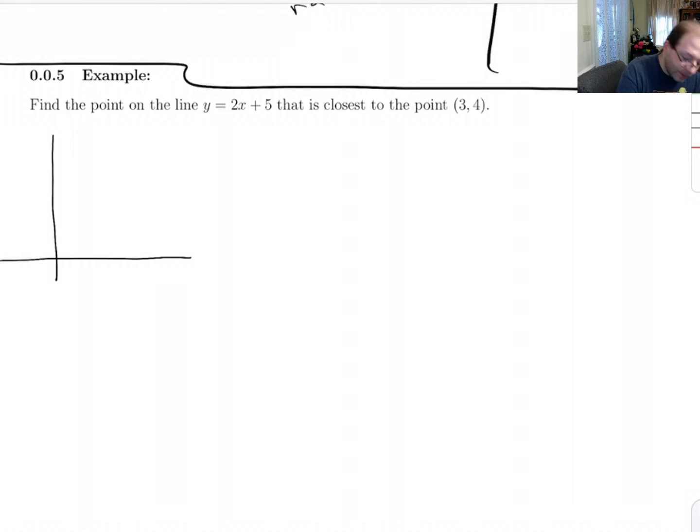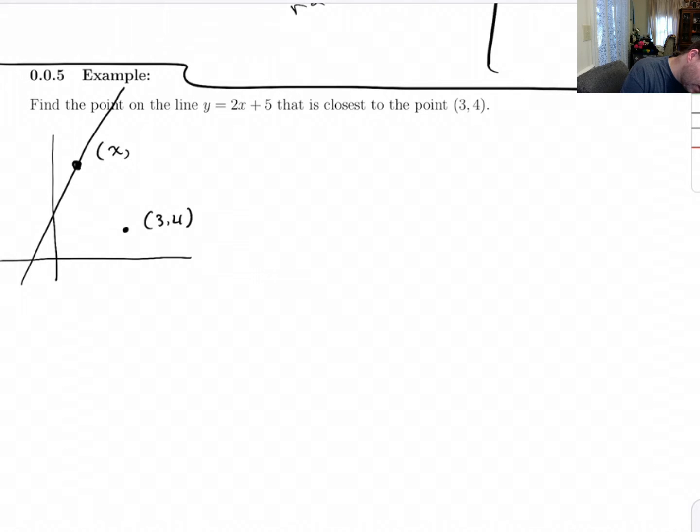I'm going to draw that graph. 2x plus 5 looks like this, and the point (3, 4) is over here. And here's what I want to do. I'm going to draw a point on here, and I'm going to call that point x. Since it's on this line, its y-coordinate is 2x plus 5.